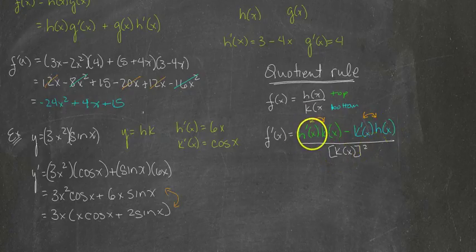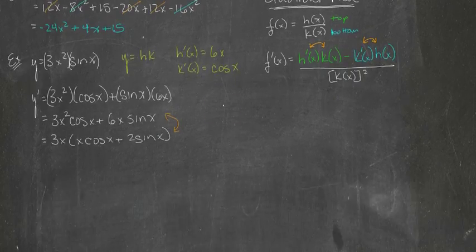The bottom, k of x, is the denominator, and h prime is the top, so d top is the derivative of the top, and this is the derivative of the bottom and the top as is. So it's bottom d top minus top d bottom over the bottom squared. Go for it if you want it. The important thing is that we get the job done.